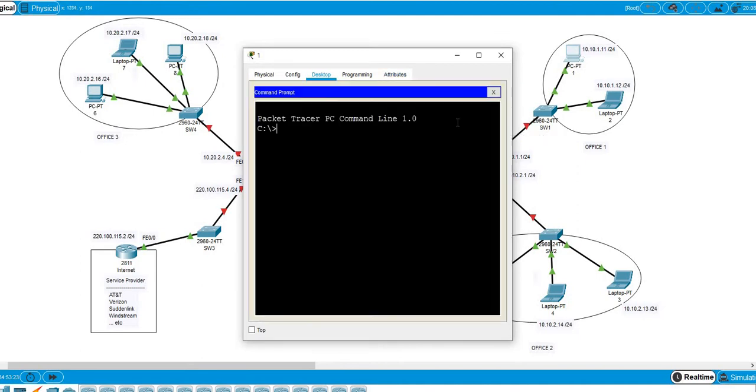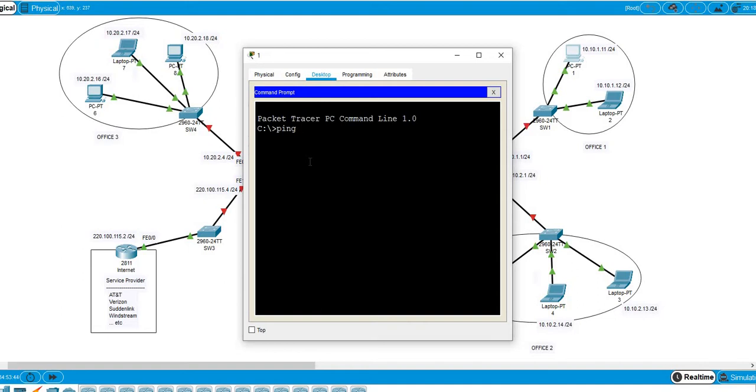Open the command prompt on PC1 from Office 1. Let's try to ping laptop number 7 on the far left-hand side in Office 3. Let's see if there's any connectivity between the 2 computers across the network.